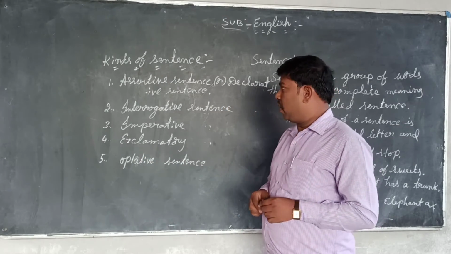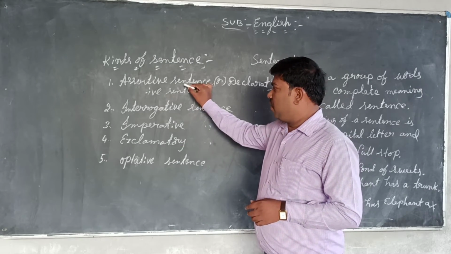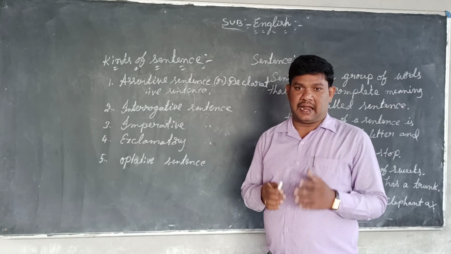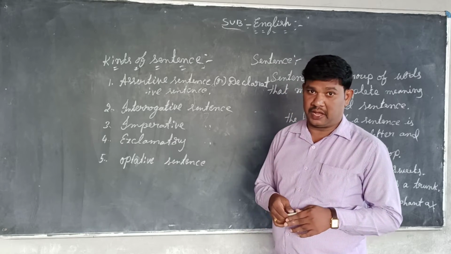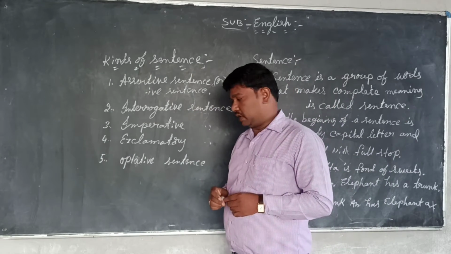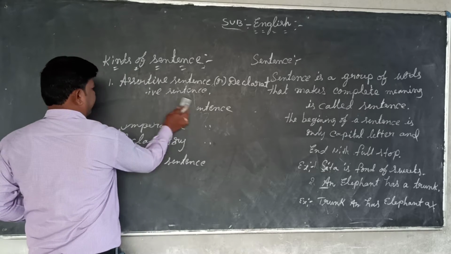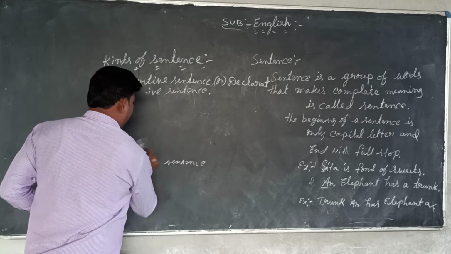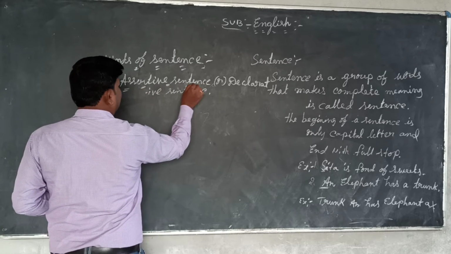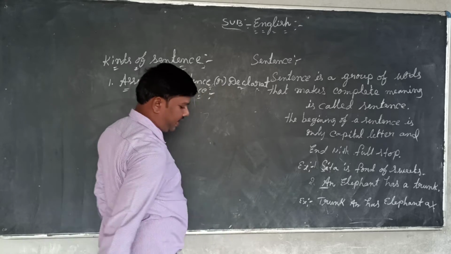Now I am going to teach you every sentence type individually. Listen carefully and understand; it is very important. The first one is the assertive sentence. What is an assertive or declarative sentence?